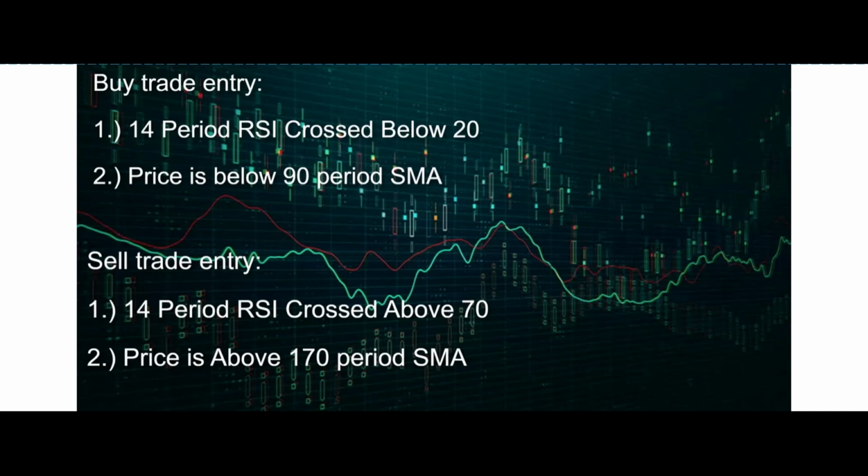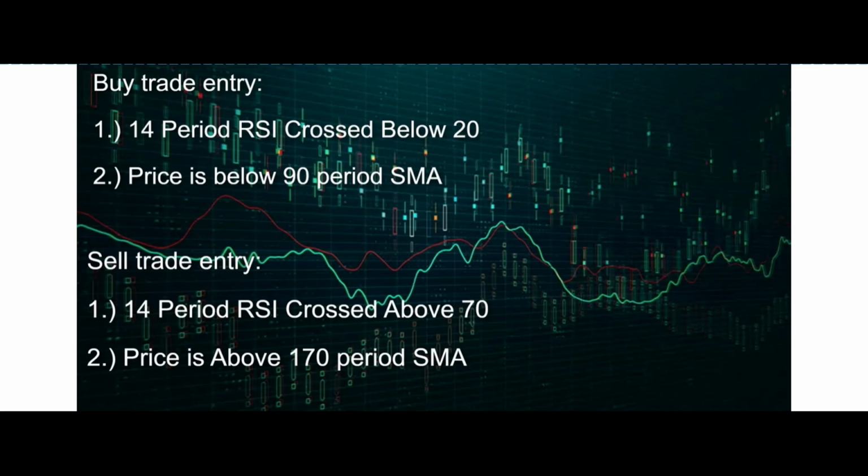Let's see. The sell trade entry is the following. We use a simple moving average and 14-period RSI here too, so nothing that you should adjust separately for buy and sell trades because it is an easy strategy.